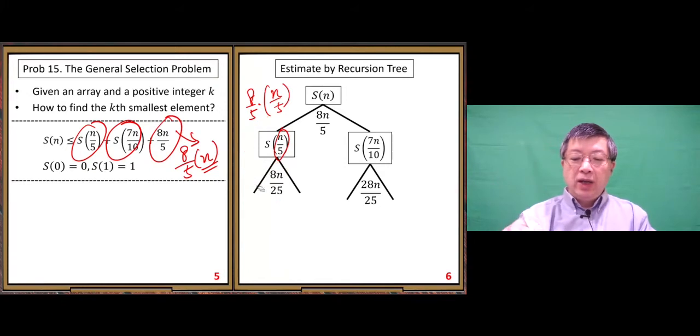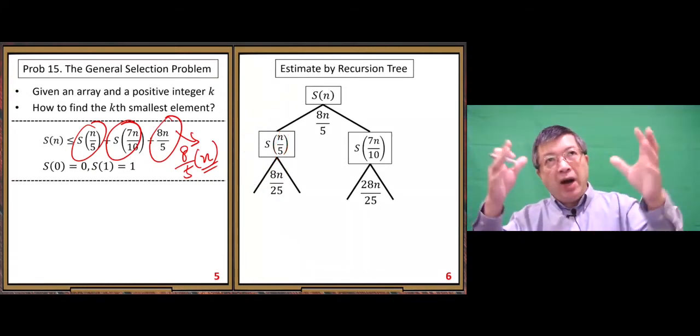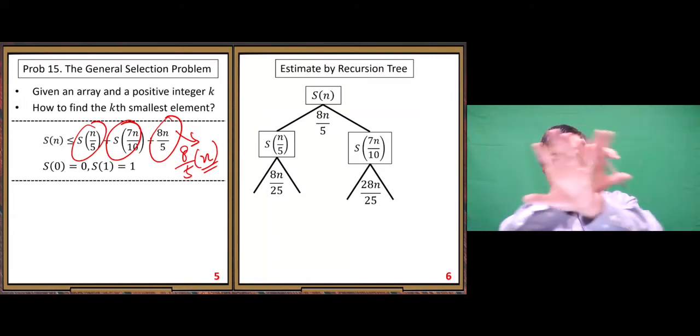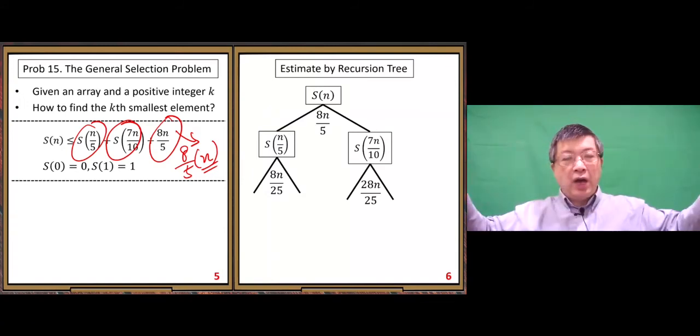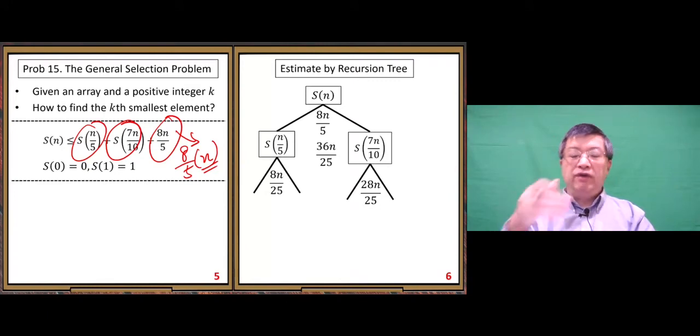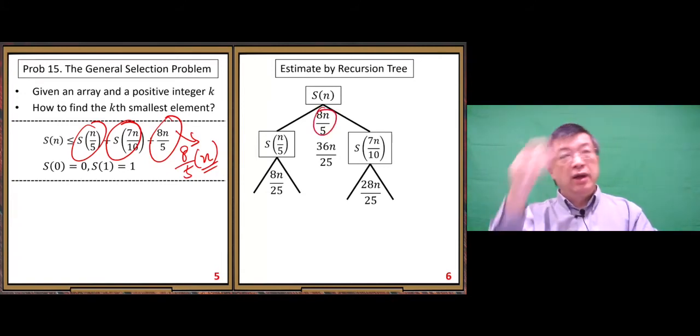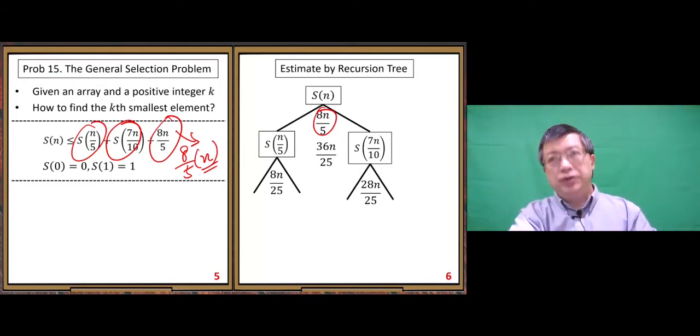After that, we want to combine all the non-recursion cost in this same level. After that combination, 36n over 25. But we want to compare with the previous non-recursion cost and look at the relationship.